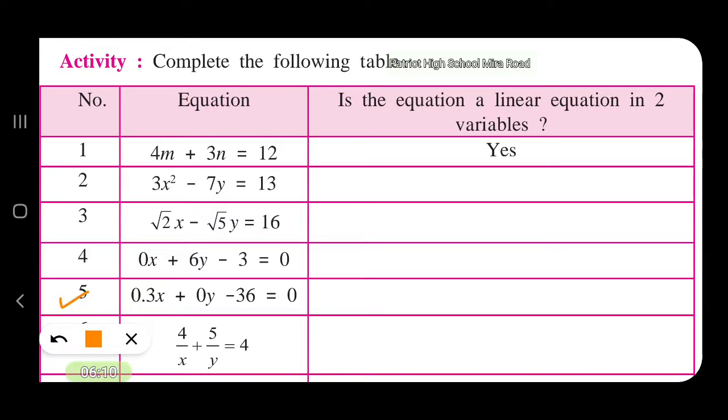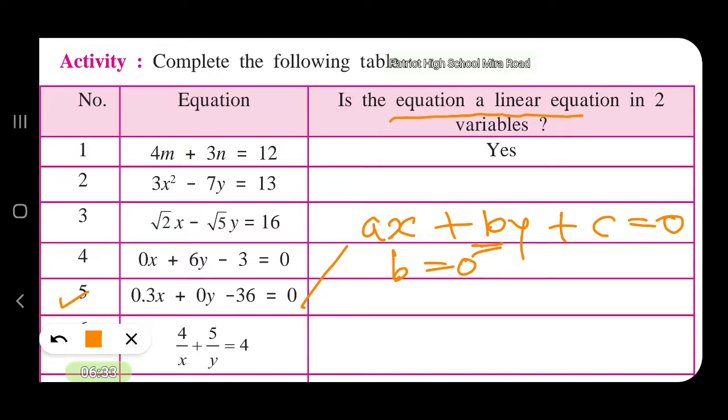Fifth, again, if we compare this with the general form ax plus by plus c is equal to 0, we have b is equal to 0, which does not satisfy the condition for the linear equation in two variables.